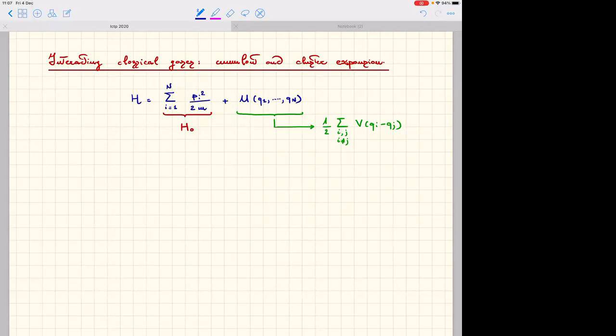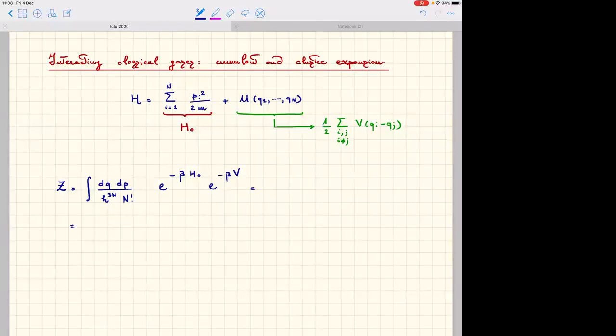In order to do so, let us start by computing the partition function, Z. In general, the partition function is the integral over all dq dp over h to the 3N N factorial, and then e to the minus beta H naught, e to the minus beta V. So this is equal to what?